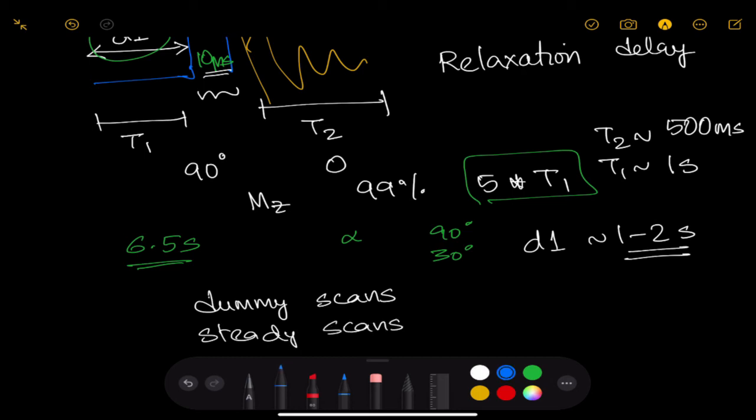In the Bruker terminology, the dummy scans or the steady state scans is given the variable ds. What this essentially achieves is that it already pulses a few times before recording signal, in order to ensure that the magnetization along Z has reached a certain steady state.